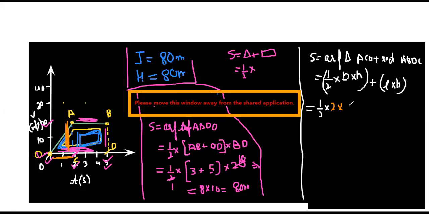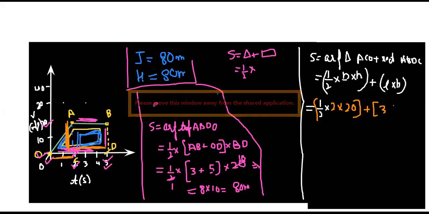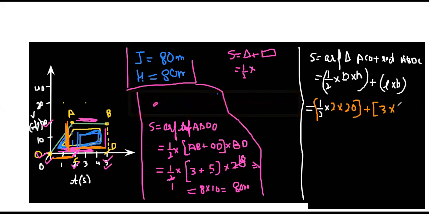That goes from 0 till 20. So 20 minus 0 is 20. Fine. Plus rectangle length into breadth. Length of rectangle CD, that is from 2 to 5. So 5 minus 2 is 3. Multiply by breadth. Breadth goes from 0 till 20. So it is 20. Fine.